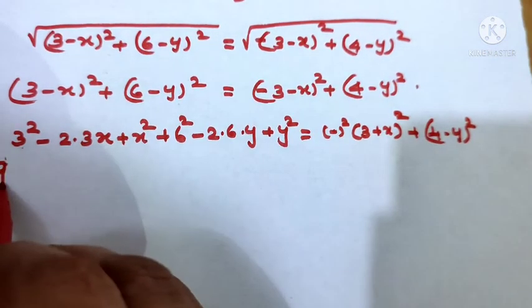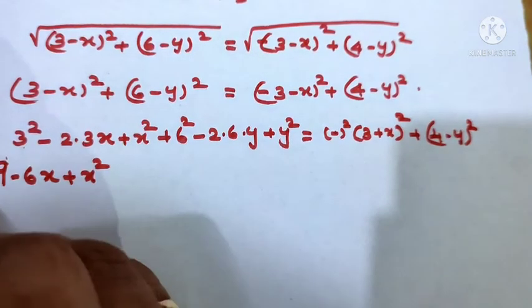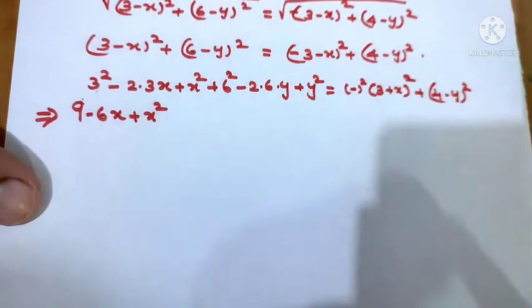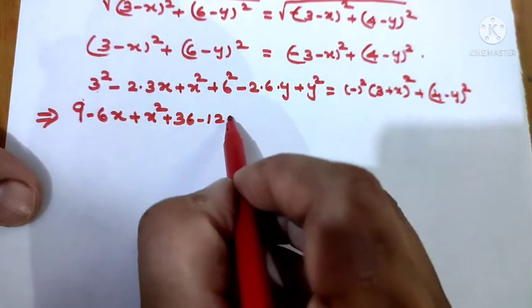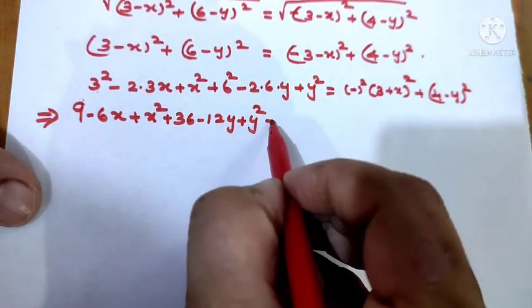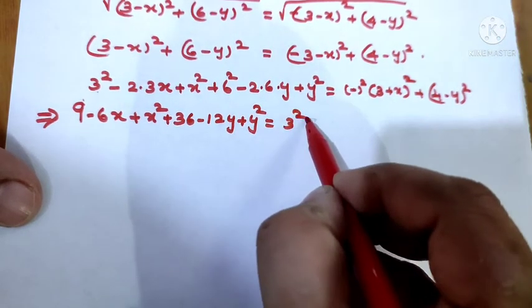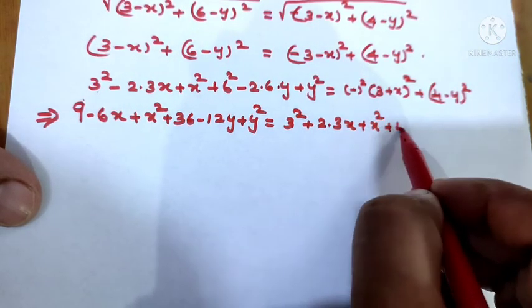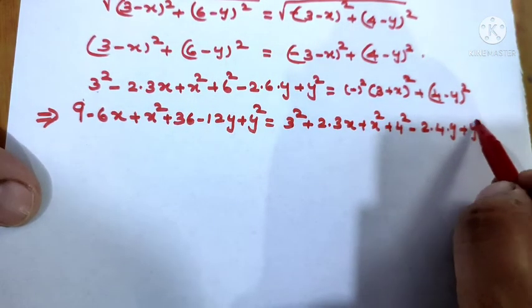Here 9 minus 6x plus x square plus 36 minus 12y plus y square. Minus square is plus, again expansion only: 3 square plus 2 into 3 into x plus x square plus 4 square minus 2 into 4 into y plus y square.